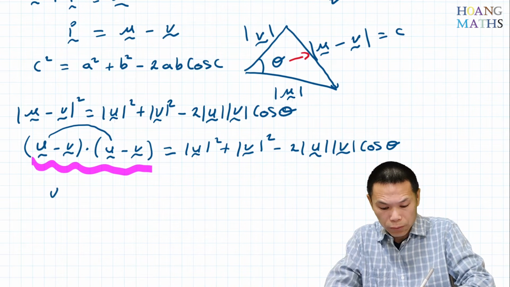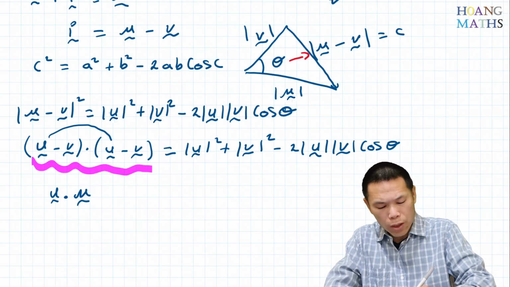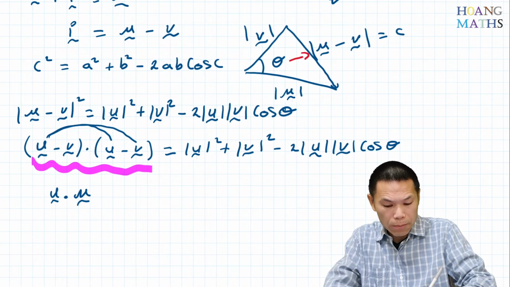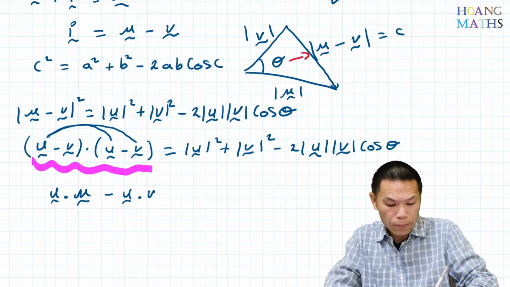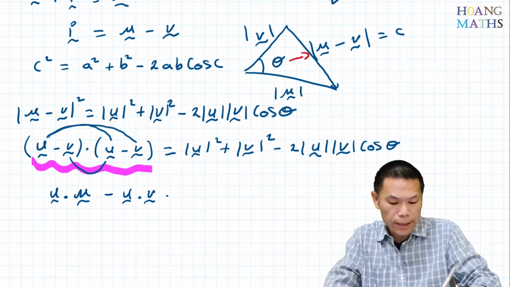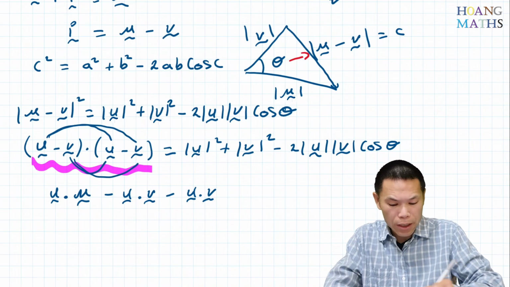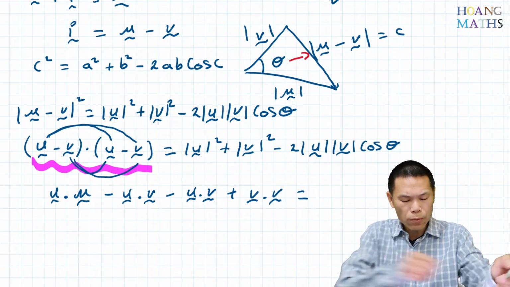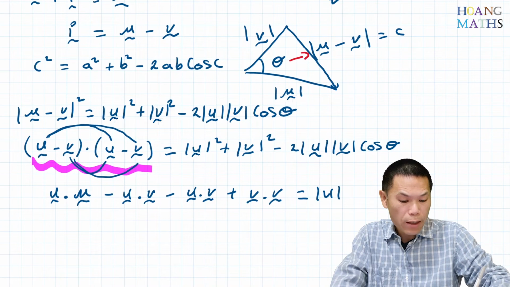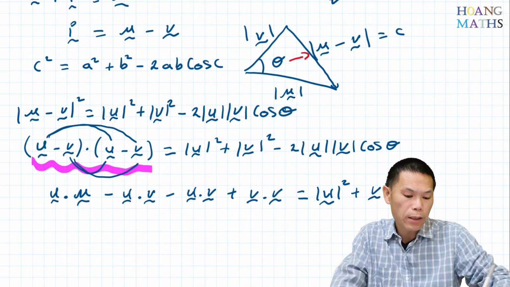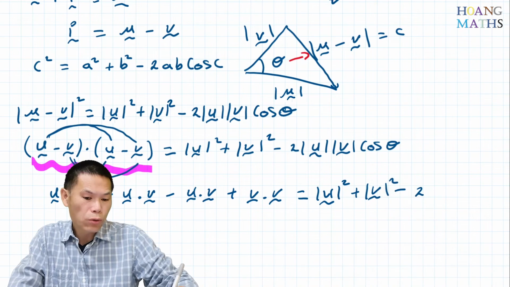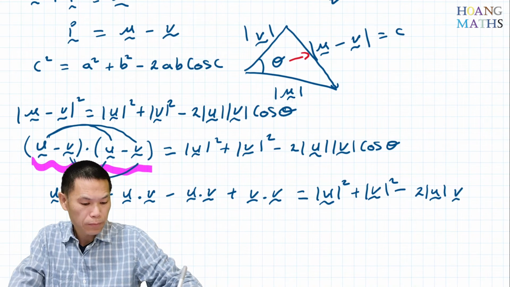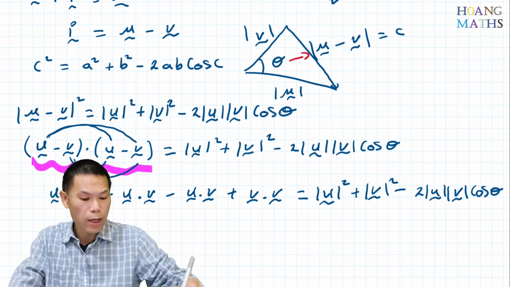So vector U dot U, and then we go U dot V, but minus U dot V. And then we go minus V dot U, which is exactly the same as minus U dot V. And then minus minus gives me a positive, so plus V dot V, which is equal to the magnitude of U squared plus the magnitude of V squared minus 2 times the magnitude of U times the magnitude of V and cos of the angle in between, theta.